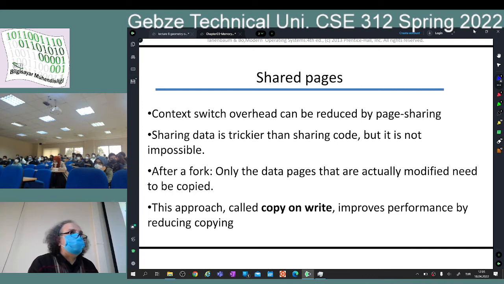Saving lots of memory is good obviously for the memory, but it is also good for your cache and for your context switch, because when you do the context switch, remember, most of your page table entries will stay the same, and you will not invalidate your cache. Some part of your cache will stay the same, and so on. So it has positive effects in terms of overall system performance, both memory utilization and CPU efficiency and utilization.